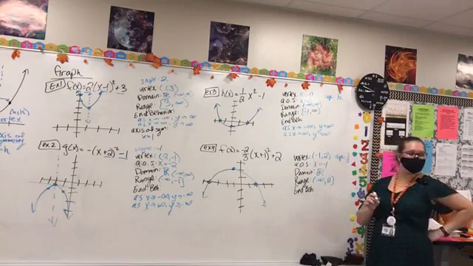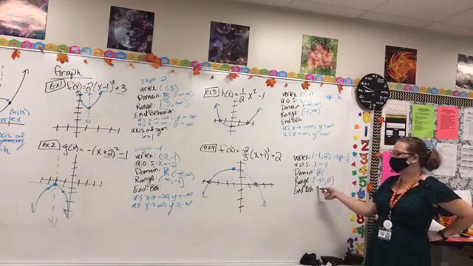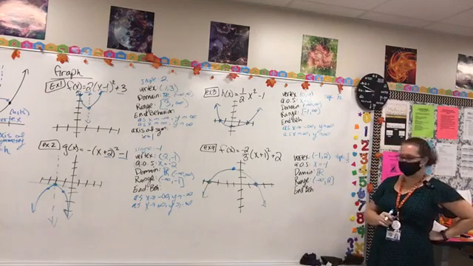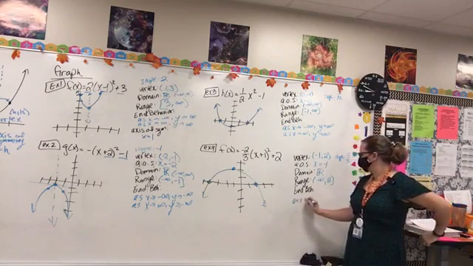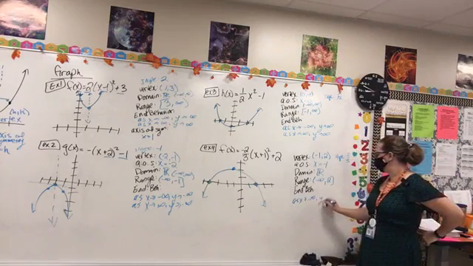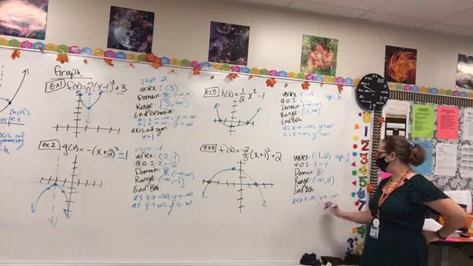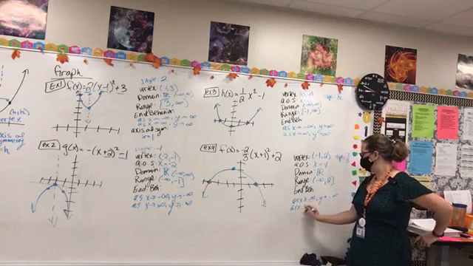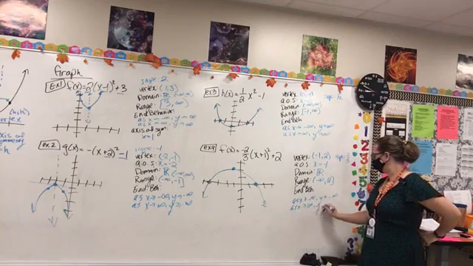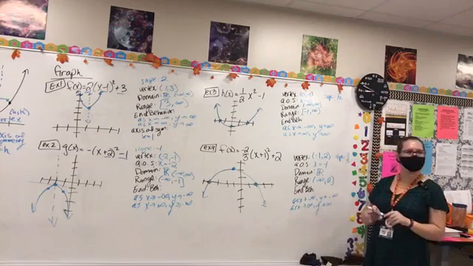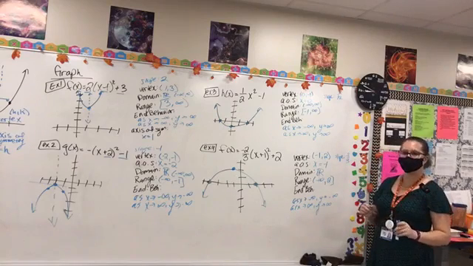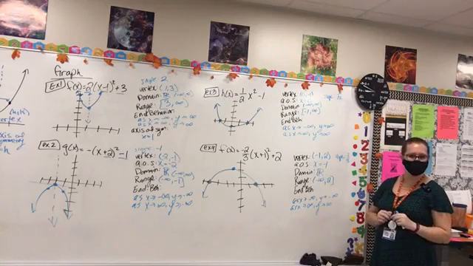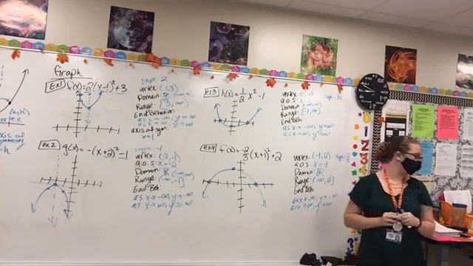Okay, 2 to negative infinity, or written from least to greatest, negative infinity to 2. And then both ends go down, right? Okay. Questions on graphing? Okay.